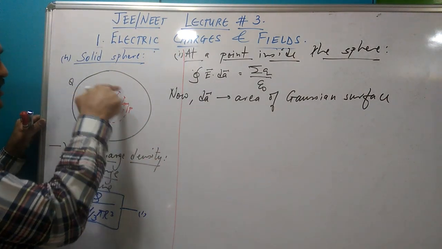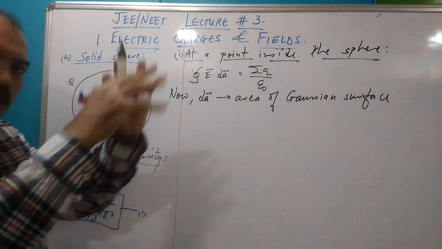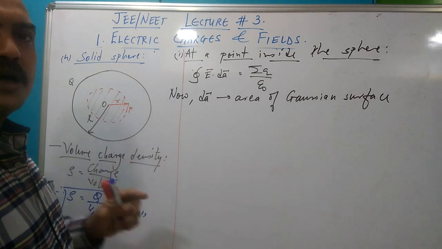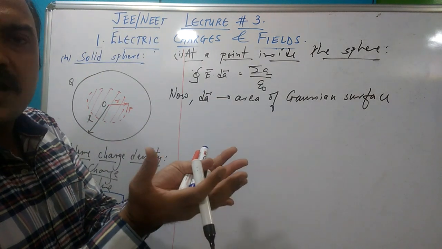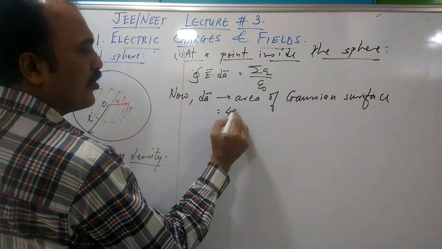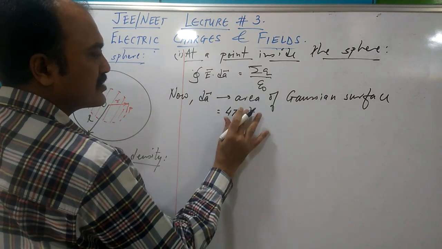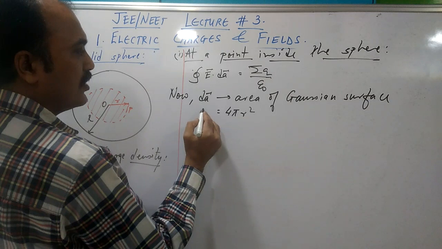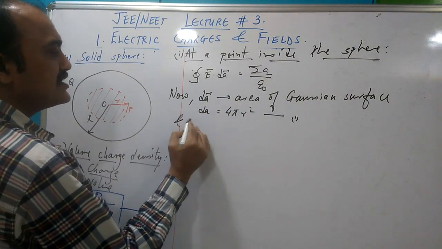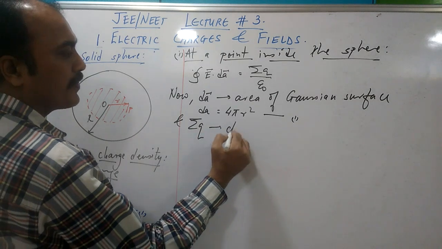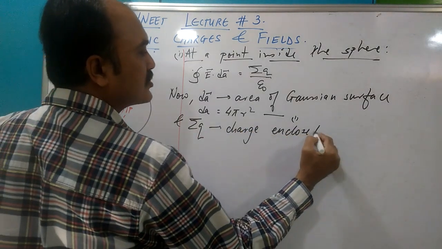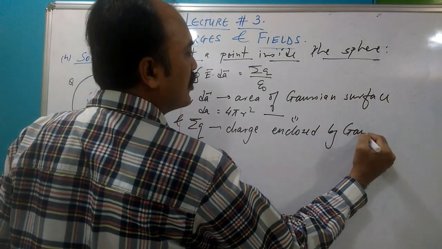Now you can see this is a three-dimensional contraption of radius small r. A three-dimensional sphere of small r radius has area 4 pi r square. So the area is 4 pi r square, and sigma q, another one of my superstars, is the charge enclosed by the Gaussian surface.